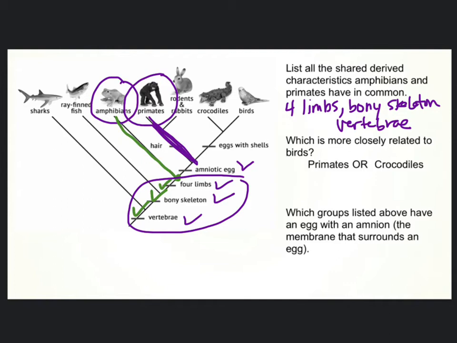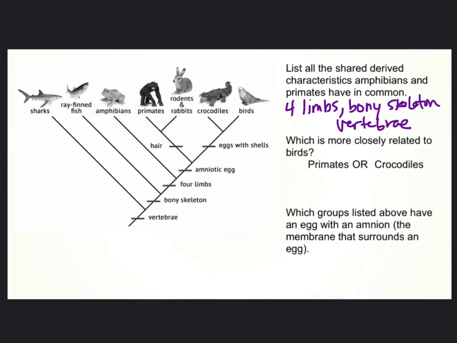Okay, well, that's all well and good, but can we use this cladogram to tell which is more closely related to a species? So, which is more closely related to birds, primates or crocodiles? Here are birds. Here are primates. Where's their last common ancestor? The last place that they had a line in common was right there.